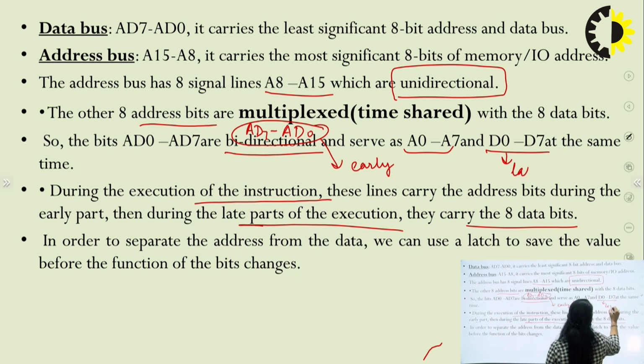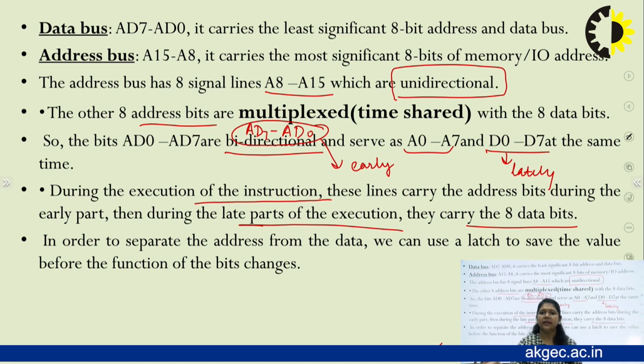When the microprocessor needs to fetch data, the data is fetched later, but the primary requirement is a memory address.